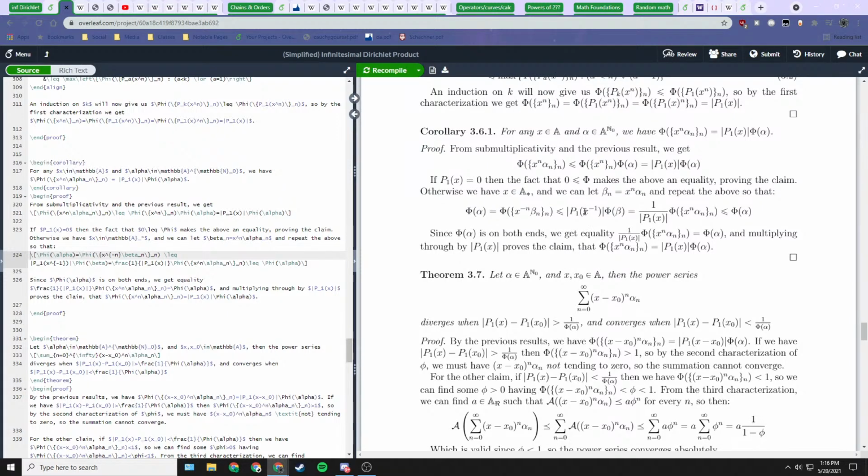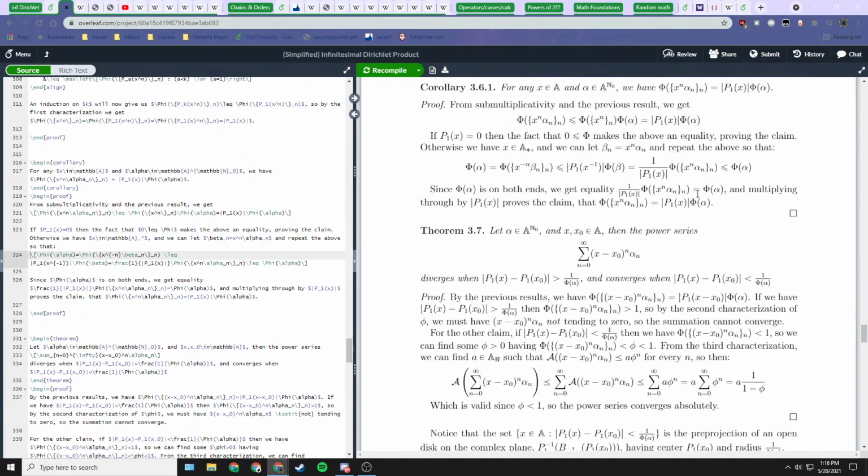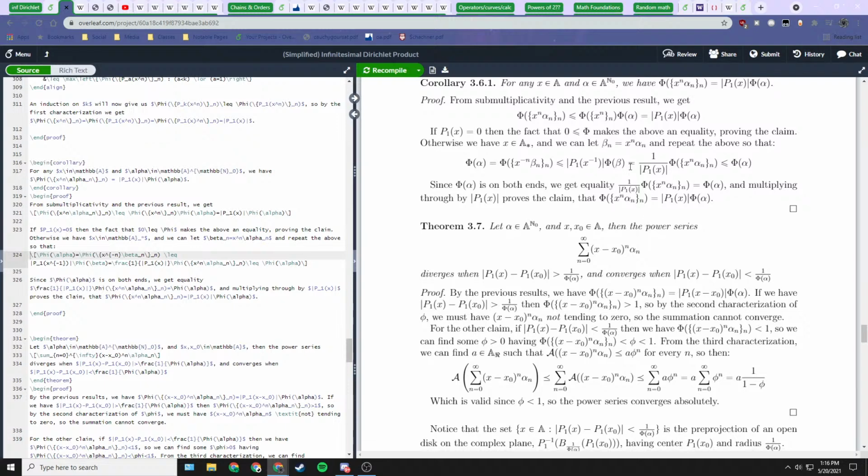That comes from the fact that x is a unit, its first index is non-zero, and p1 is multiplicative. And so we get this equality. This is the reciprocal of p1 of x, times the phi of beta. Remember, beta is just x power n times alpha sub n, so this is phi of x power n times alpha sub n.